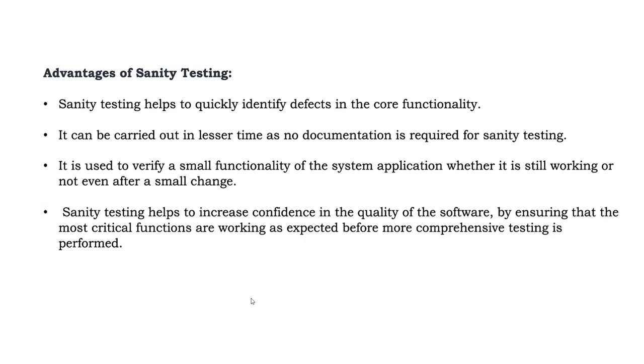Because you have found a bug, you'll be more conscious that you have to try with different values. That is where you tend to put more effort, and it will increase the confidence that the system is almost bug free. It is not 100% bug free. We cannot make sure the system is 100% bug free. So basically, you will make sure the critical functionality is working as expected. That is why sanity testing plays an important role.